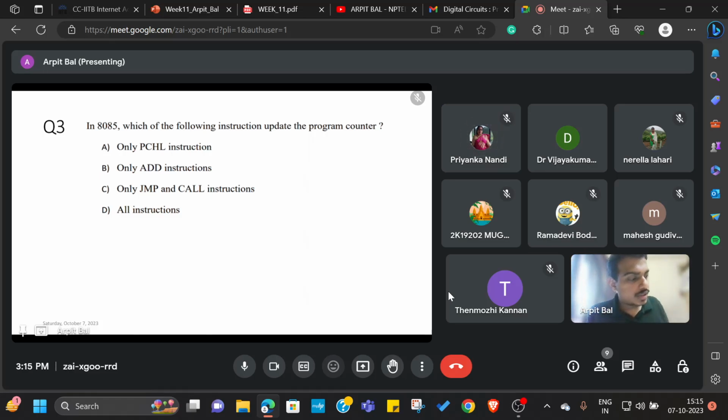Correct, it is actually all the instructions. PCHL was probably not covered in the lecture, but it loads the content of H and L into the program counter. And the add instruction will obviously be there, because anytime you execute an add instruction, the next instruction needs to be fetched, so the program counter will anyways be updated.